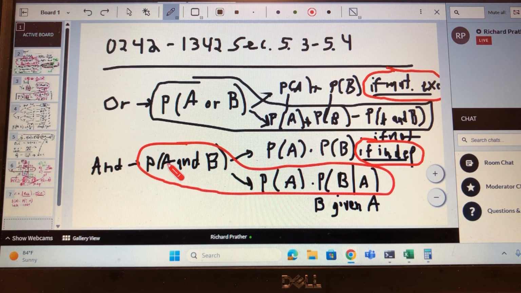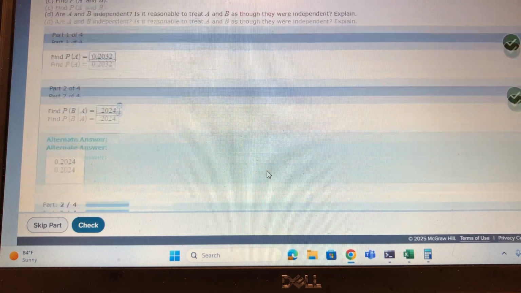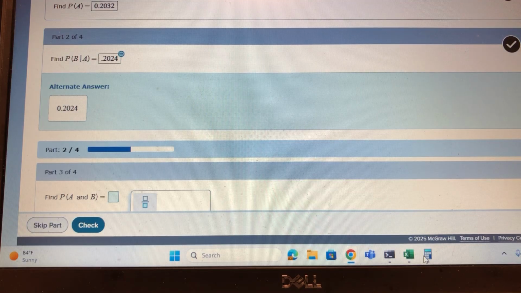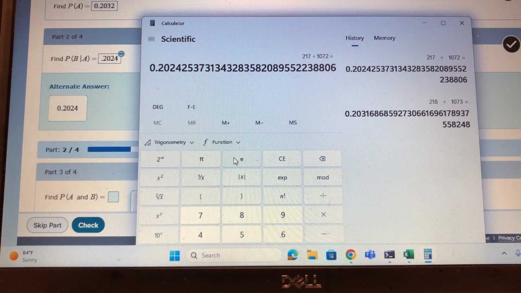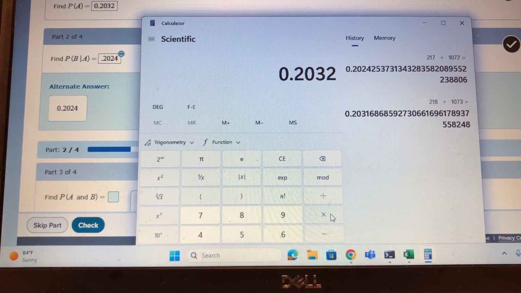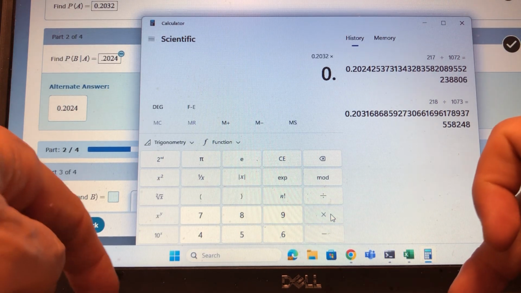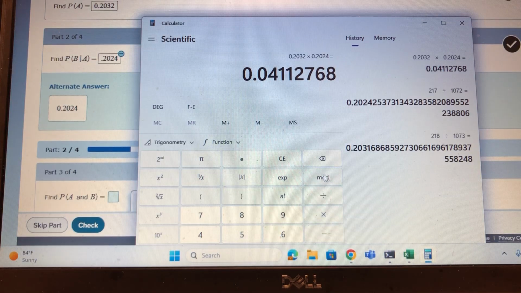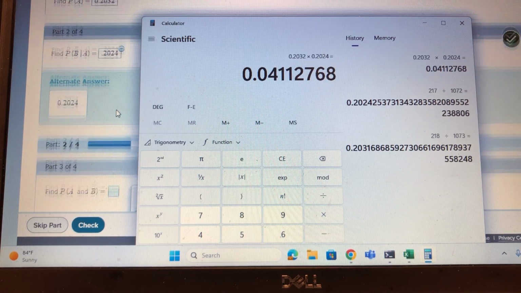These are probably not independent because when I make draws, it affects the next one. Independent is when they don't affect each other. So do both of these multiplied together. 0.2032 times 0.2024, 0.0411.